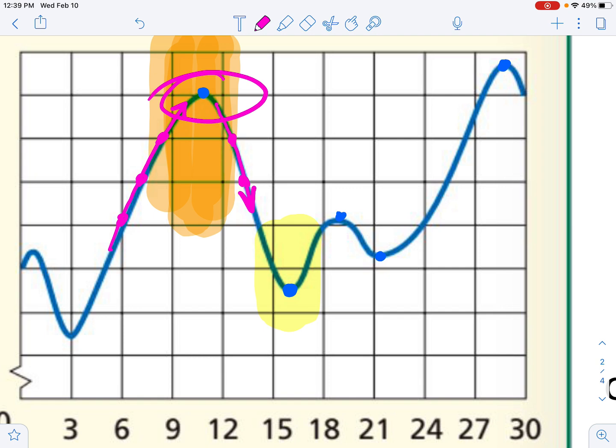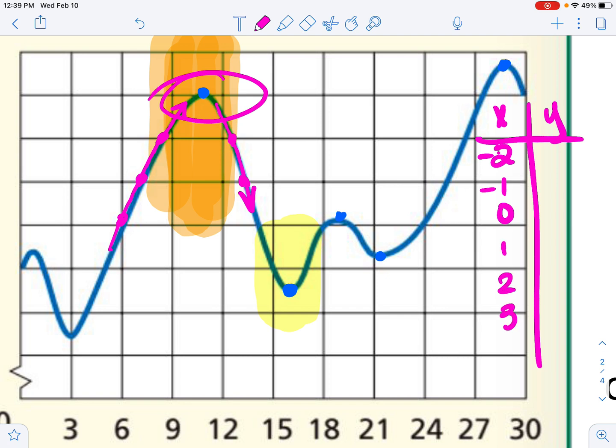So if you see a table of values with an X and a Y, and we start with -2, -1, 0, 1, 2, 3, 4, 5, and it keeps going, we look at this and say, okay, it's 0, 2, 7. It's going up, right? You see the pattern. It's not a regular pattern, but it is going up.